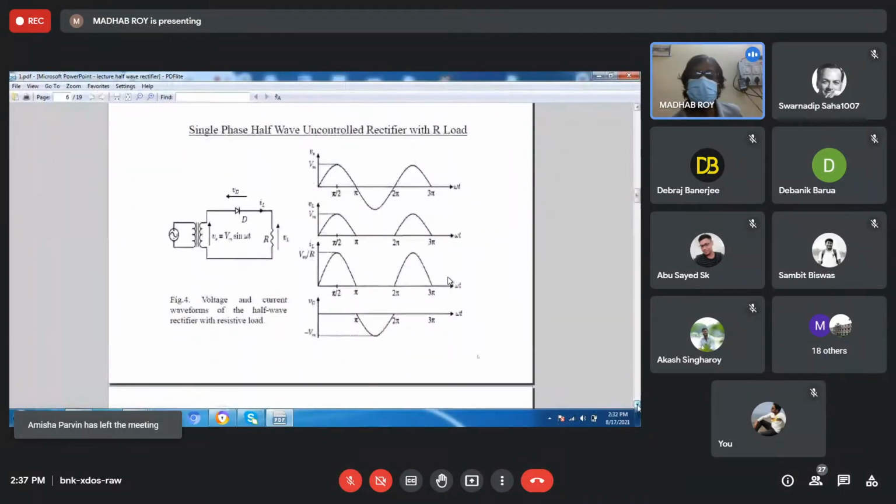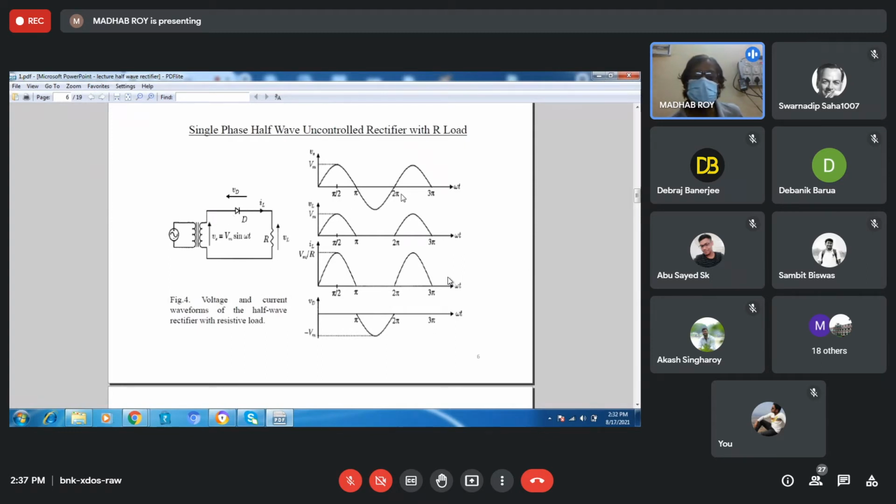In this figure, when the AC voltage across the diode is in the positive half, that means from 0 to pi, the diode gets forward biased, and in that forward bias condition it will conduct. So if we connect a resistance load, the current will flow.